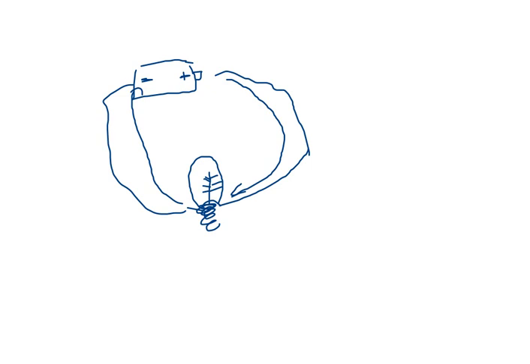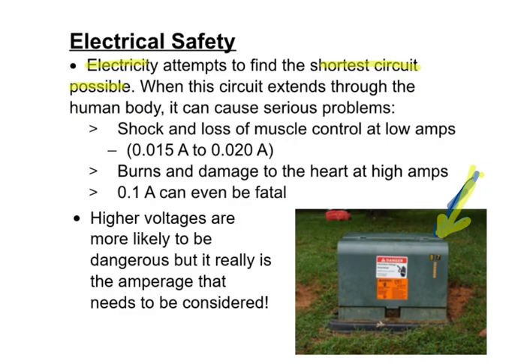Now, one or two electrons isn't a problem. When you have a lot of them, it can actually cause serious problems. One of the ways in which we measure electricity is a term called, it's capital A. Anybody know what capital A stands for? Amps. Well done. It stands for an amp, and it's a measure of electricity.